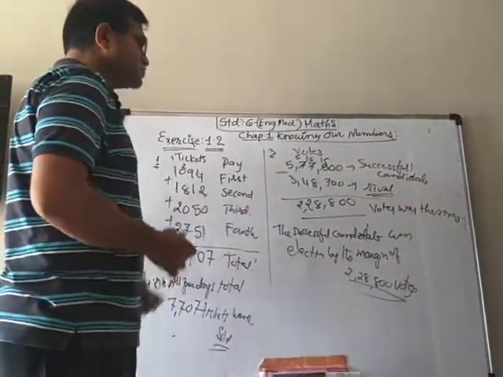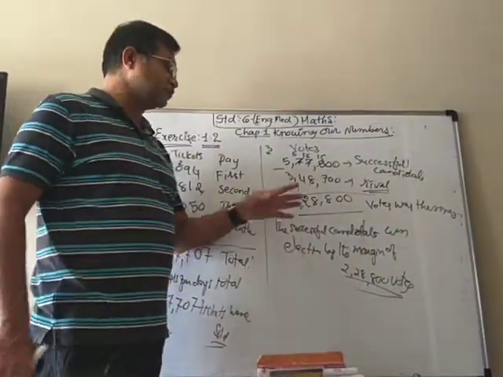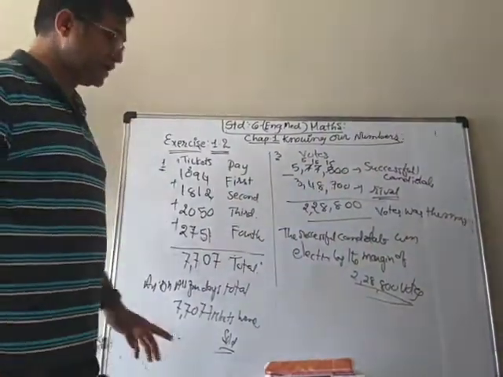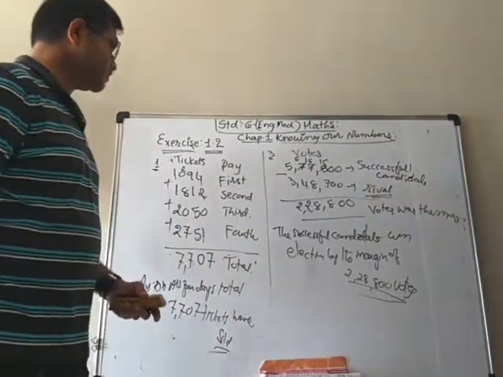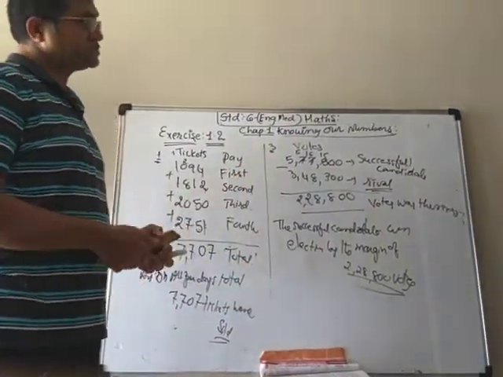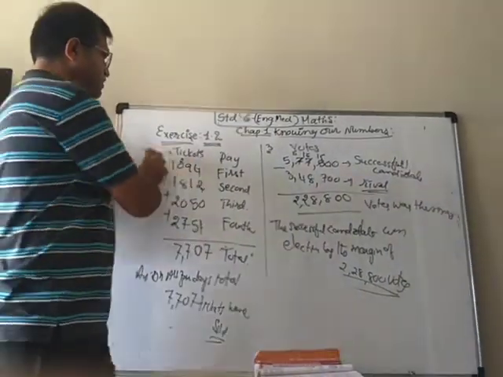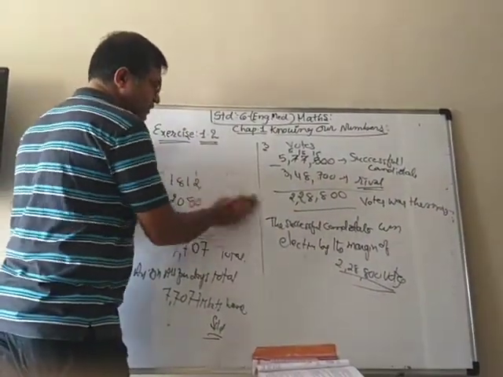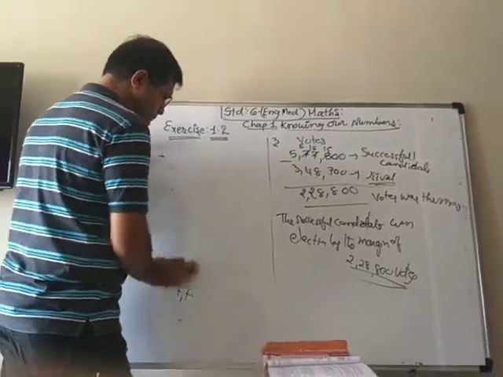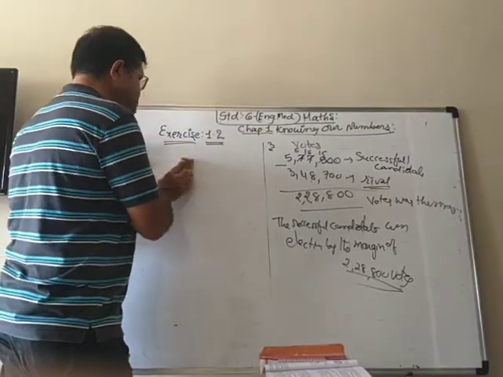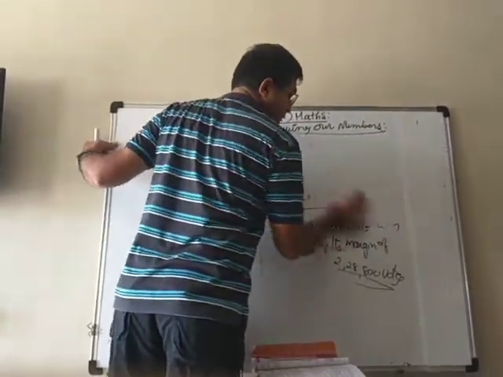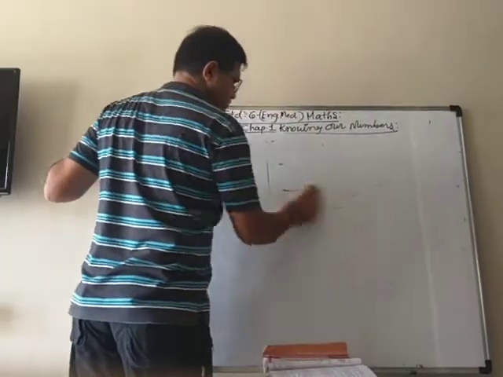So 2,28,800 votes was the margin by which the successful candidate won the election. So here we saw that in the first sum we had to do the addition, and here in this sum we have to do the subtraction. So by reading and then thinking, first you have to make sure which operation should be done, addition or subtraction or multiplication or division.